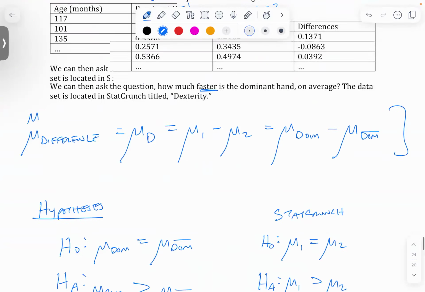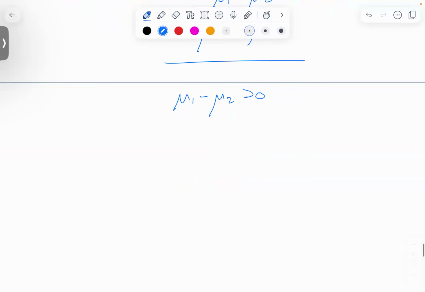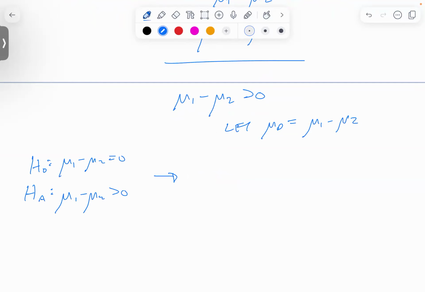And then, given that we identified mu d equals mu1 minus mu2, I can then turn this into, okay, hold on, let's write this out one more step. Then let mu d equal mu1 minus mu2. This is the StatCrunch output.